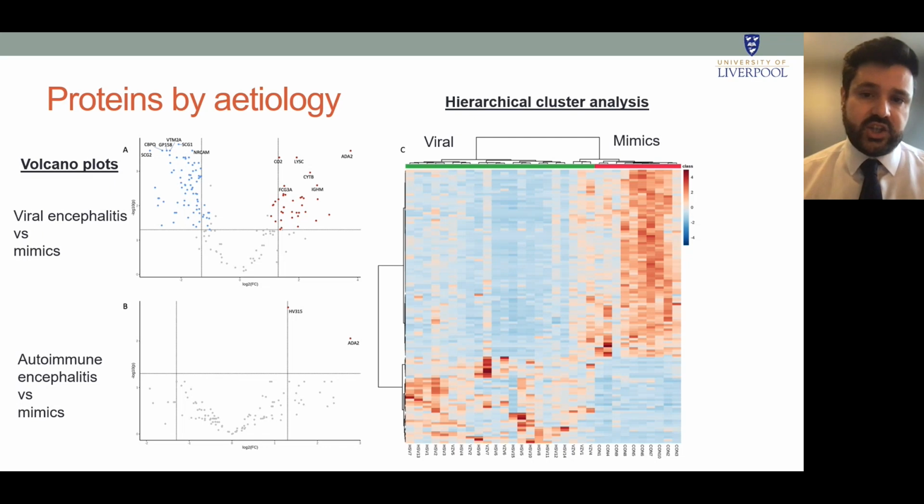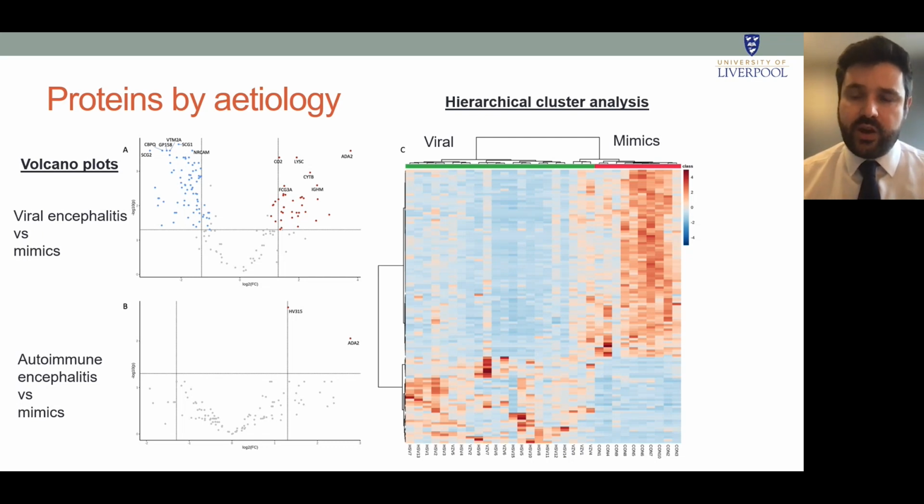The upper plot shows viral encephalitis versus mimics, and you can see there are a large number of proteins that reach significance. The lower plot shows autoimmune encephalitis versus mimics, so there are far fewer significant proteins, showing that the autoimmune encephalitis proteome is much more similar to the mimics than the viral encephalitis.